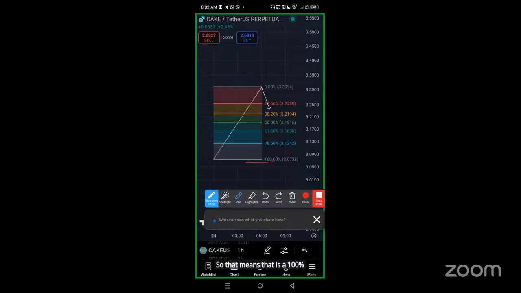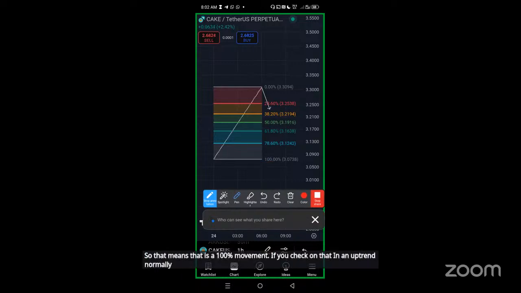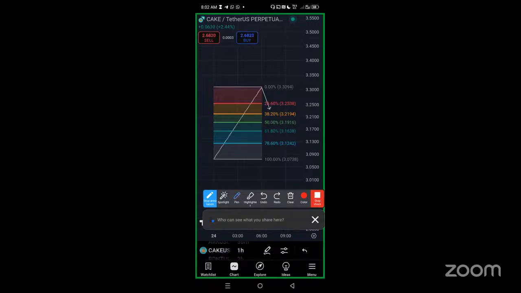If you check on that, in an uptrend, normally, if the price moves up to that level and it is pulling back, it marks these Fibonacci levels. But as I said, there are only three key price retracement levels.